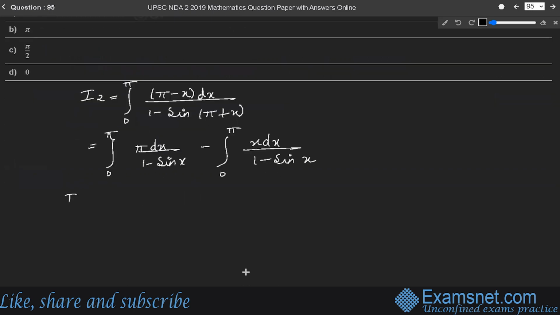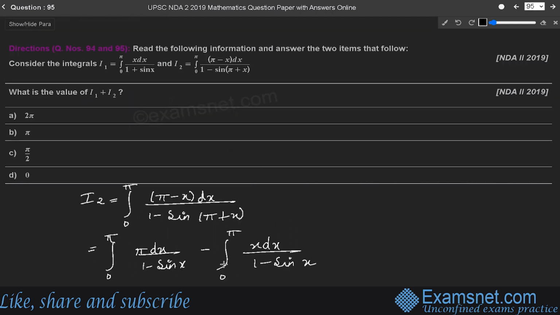Therefore, I2 will be equal to 2 pi minus I1 from the previous question. So we can say that I1 plus I2 will be equal to 2 pi. Hence, the value for this question is 2 pi, which is option A here. I hope this question is clear to you.